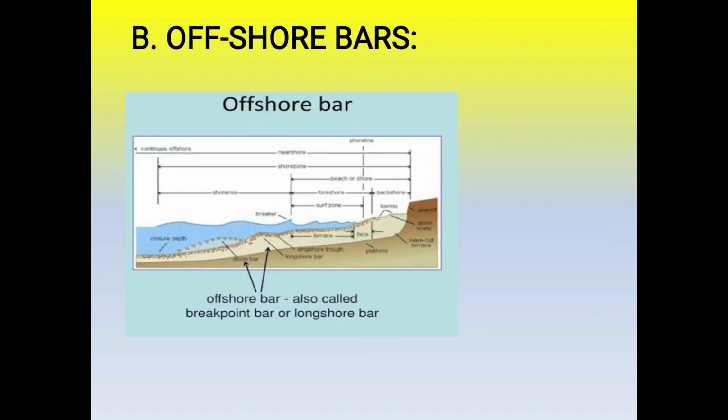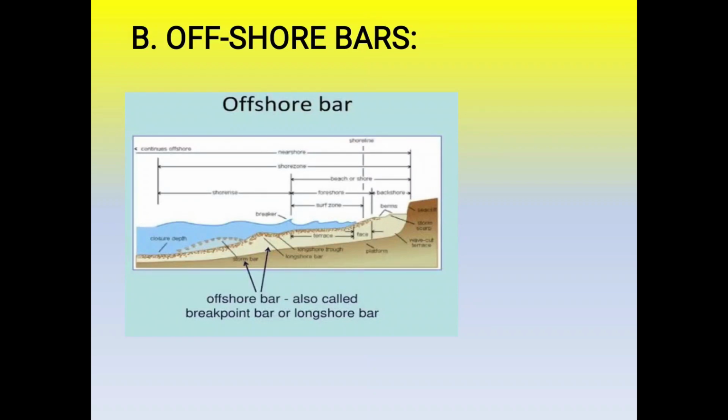The next feature formed by sea wave deposition is offshore bars. The deposited ridges of sand, mud, shingle and boulders, when they lie parallel to the coast, are known as offshore bars.